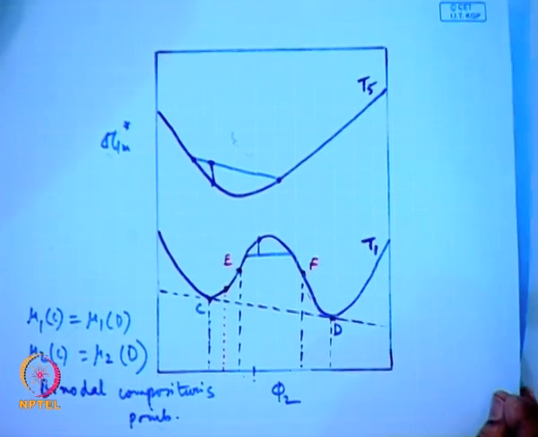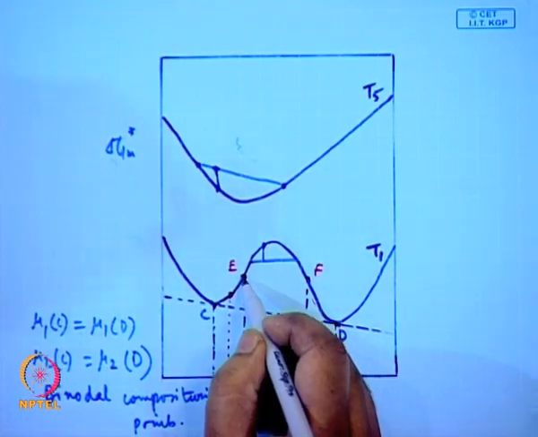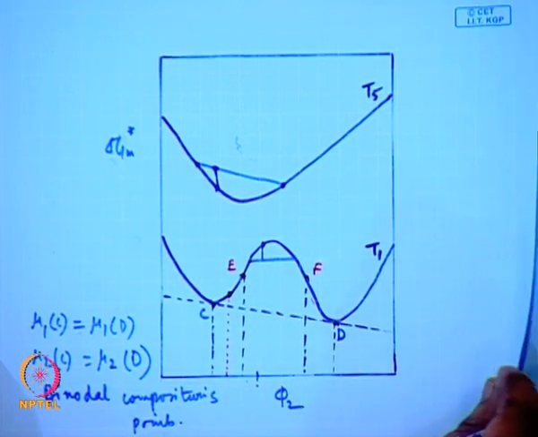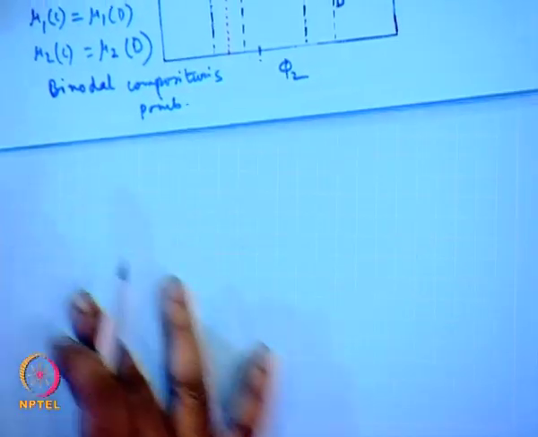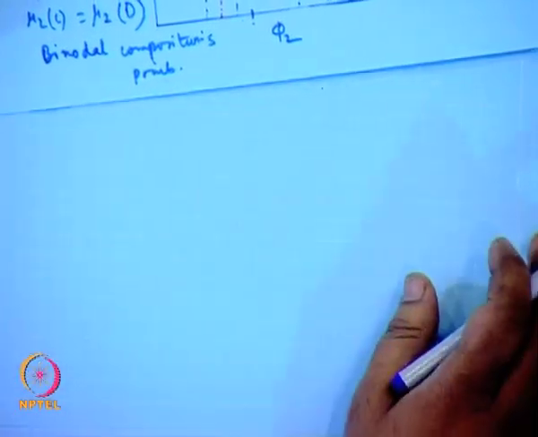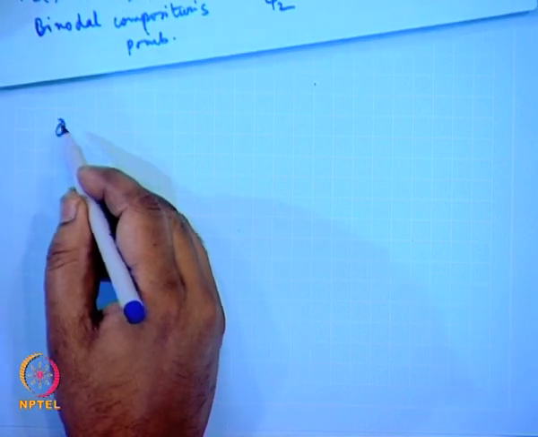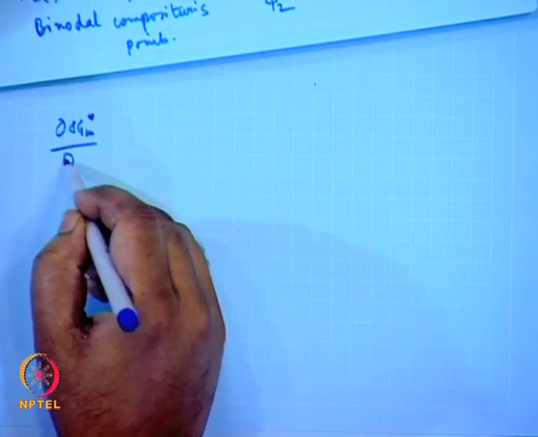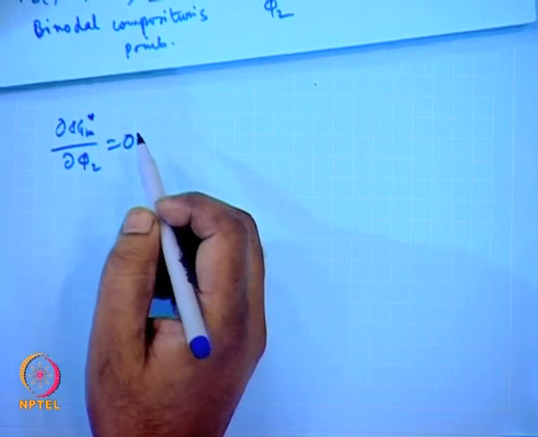Now, between C and D, you can clearly see that C and D are the binodal points where the second derivative is 0.